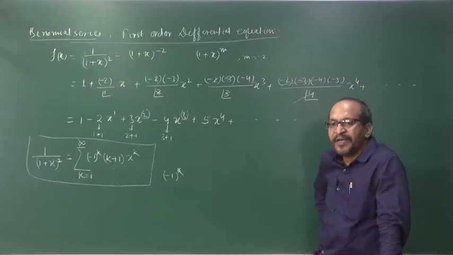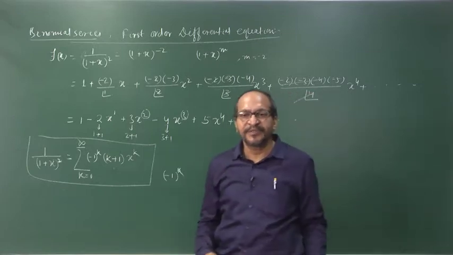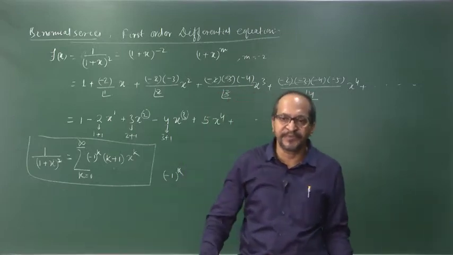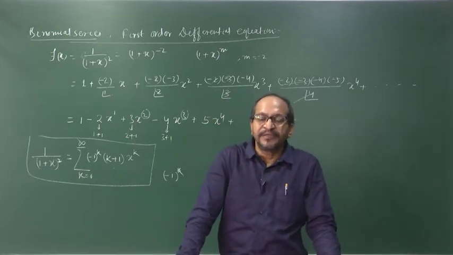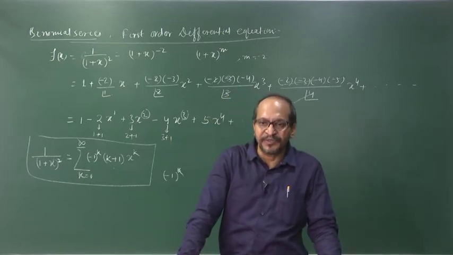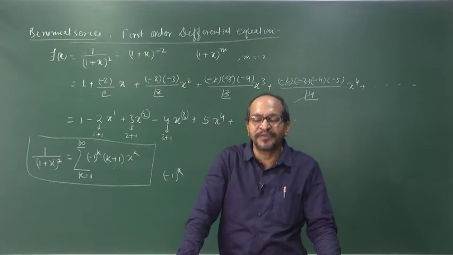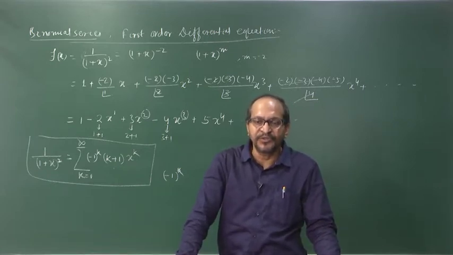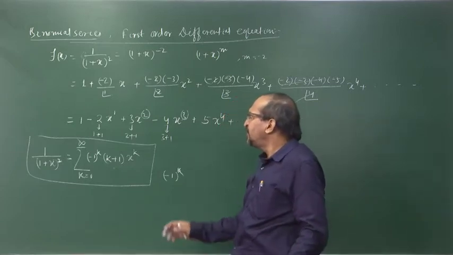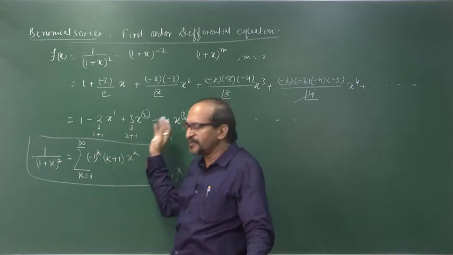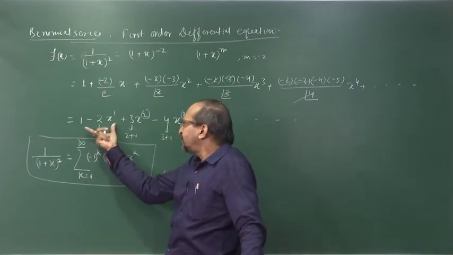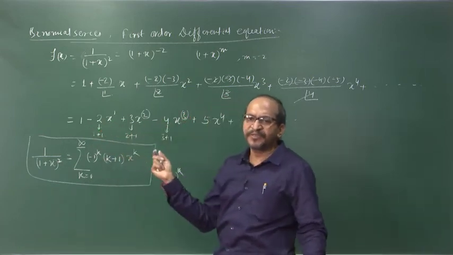Okay. And in the beginning of the discussion of this series expansion, I told you that these are nothing but an approximation, a power series approximation or polynomial approximation of a function. So, when you write f of x in terms of a polynomial approximation, if you take the first two terms, the approximation is less.